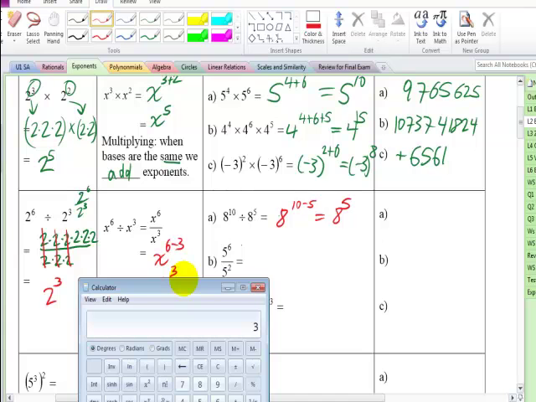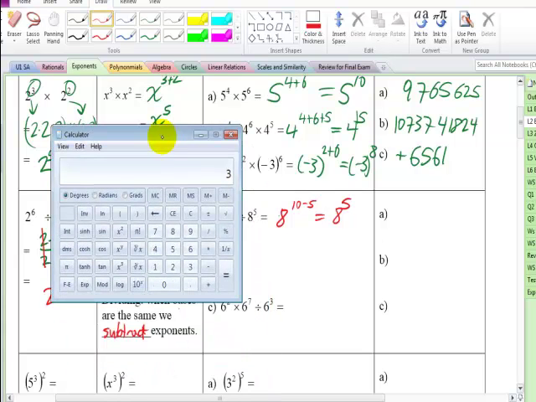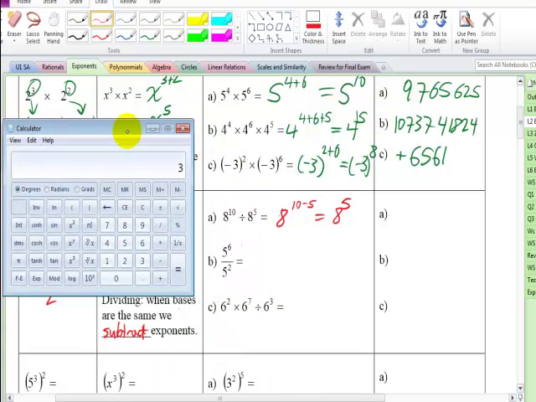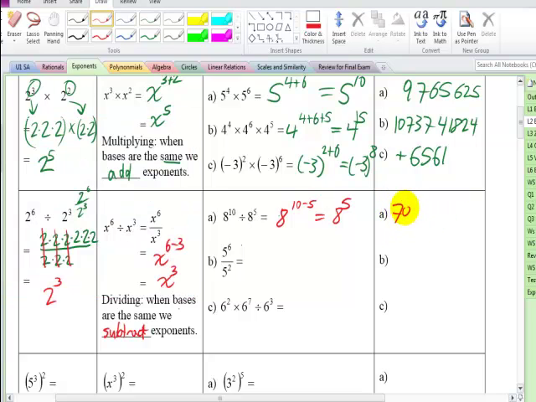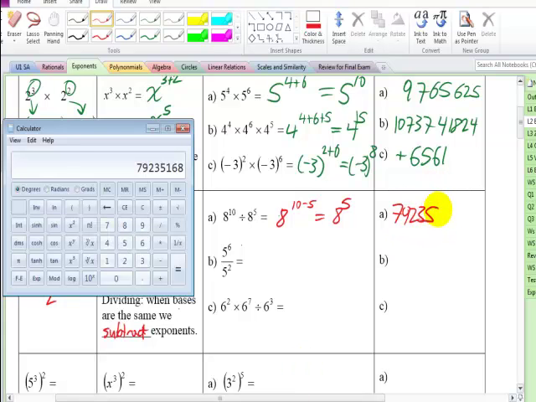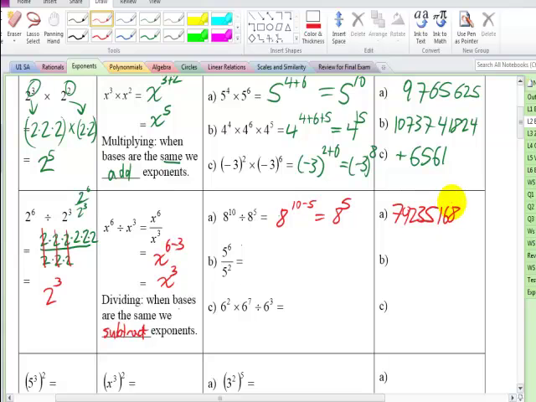Complete the next two. One, 6, 8. Okay, so show your work for each one.